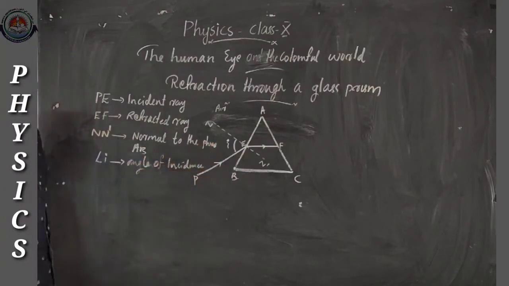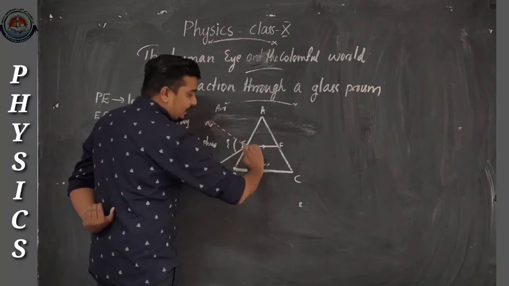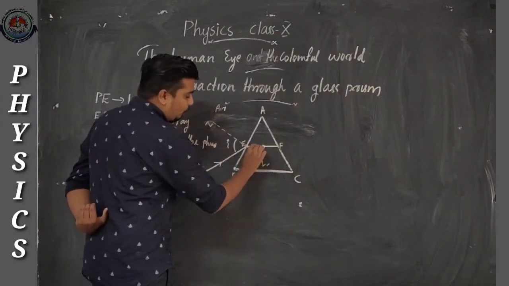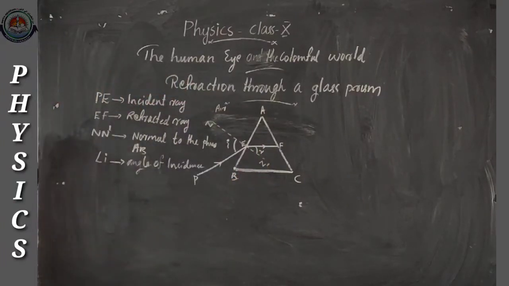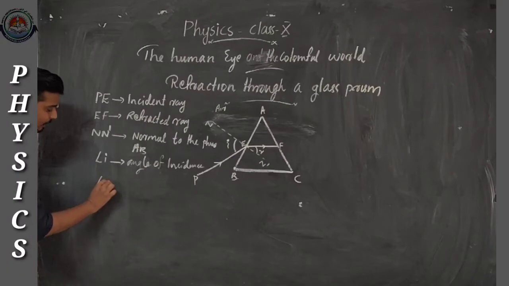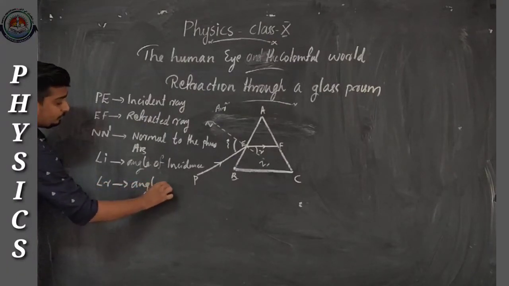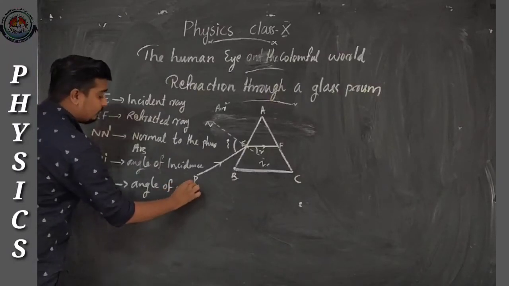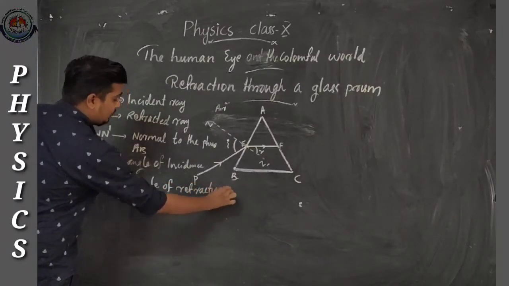And the angle between the refracted ray and this normal is called angle of refraction R. Angle R is the angle of refraction.